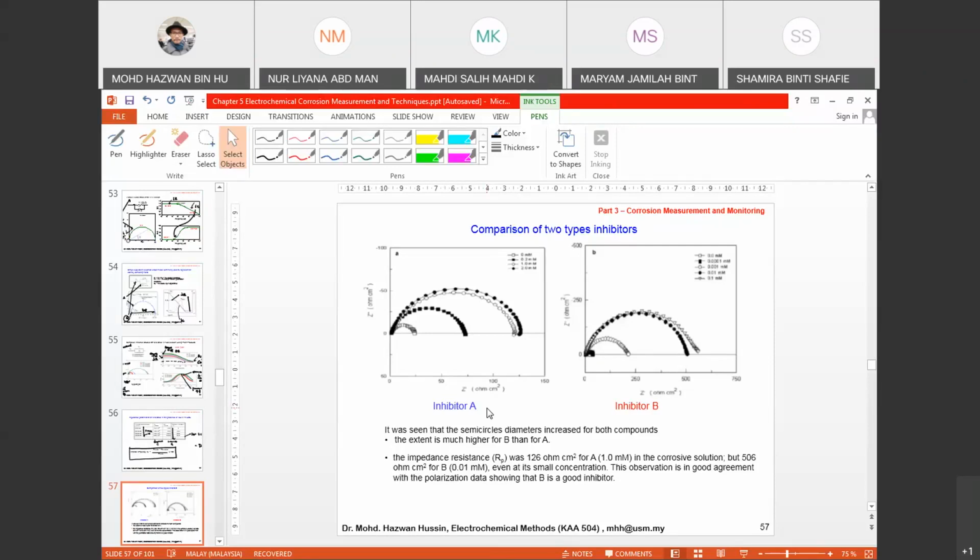Between inhibitor A and inhibitor B. B. Inhibitor B, Doctor.